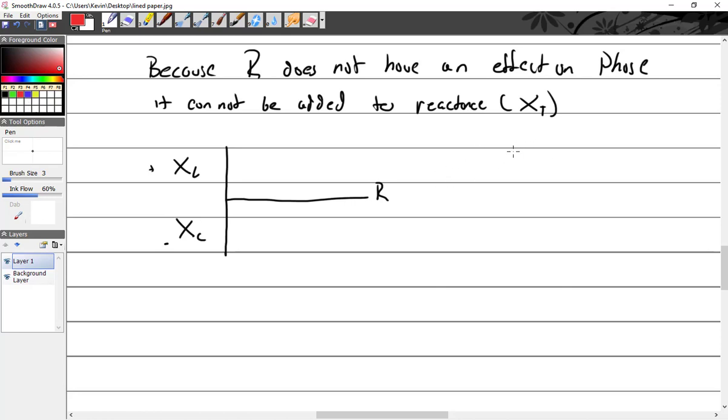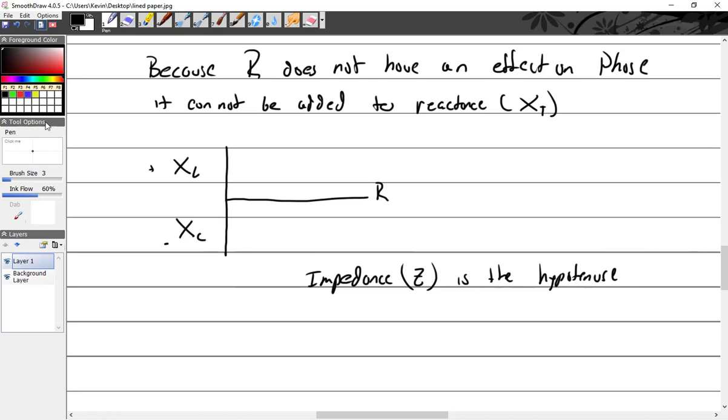Impedance, which is represented by Z. Impedance, which is Z, is the hypotenuse.